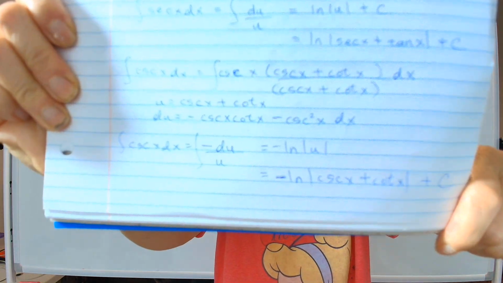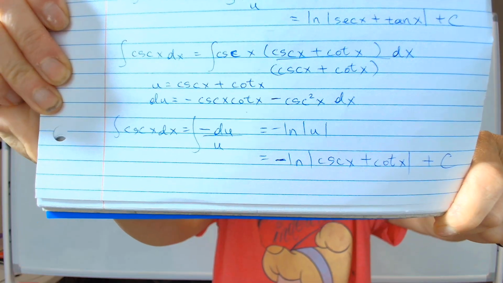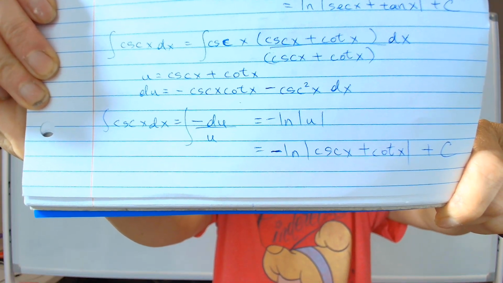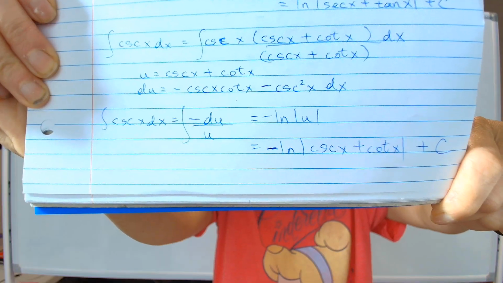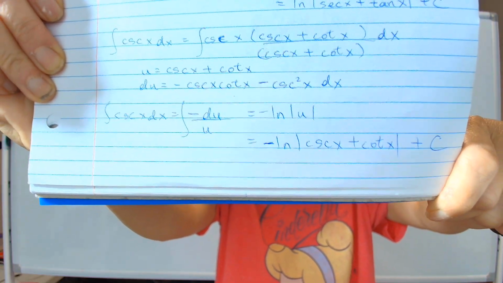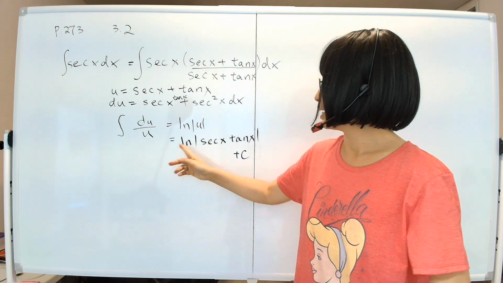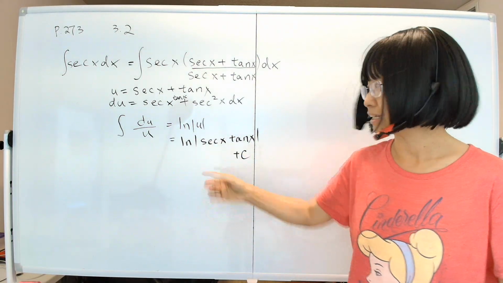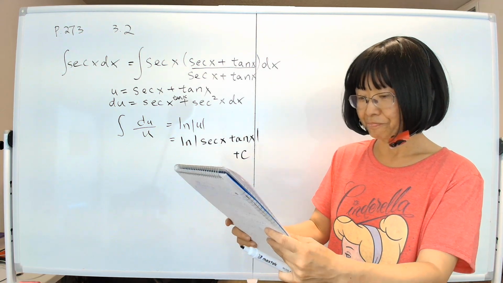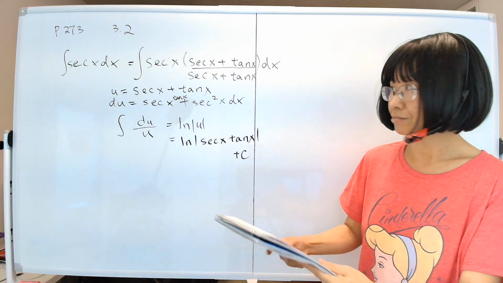To integrate the cosecant, you multiply by cosecant plus cotangent, and after that, everything will come out almost identical to how the secant works, and you end up with the answer being negative natural log of cosecant plus cotangent. It's very similar, except with cosecant and cotangent, you have to stick a negative sign in front. Otherwise, it's almost identical.